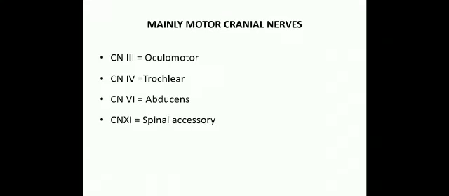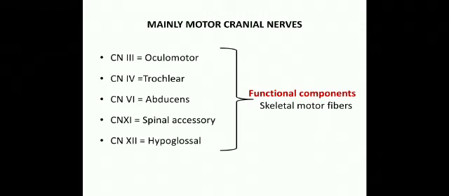The mainly motor cranial nerves include the cranial nerve 3, that is oculomotor, the cranial nerve 4 trochlear, the 6th abducent and the cranial nerve 11th the spinal accessory and 12th hypoglossal. So all these have the functional component, that is the skeletal motor fibers.